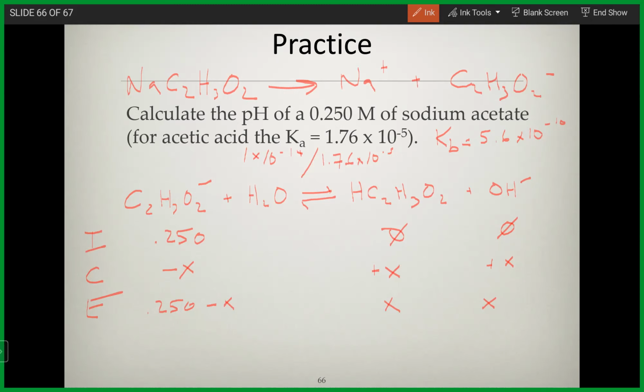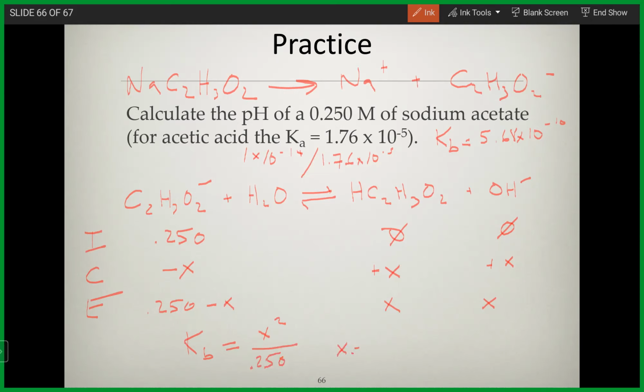We know the equilibrium constant. So I'm just going to do Kb just so I don't have to write it out again. But it's just going to be that 5.68 times 10 to the negative 10th. And then that's going to be equal to x squared over 0.250.